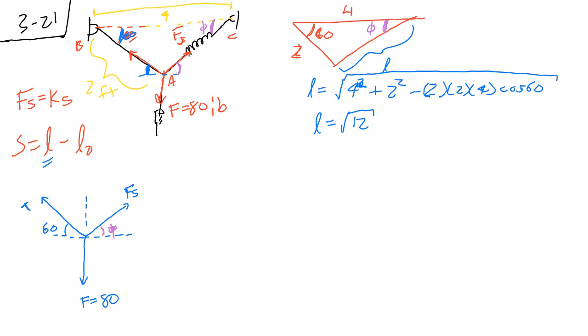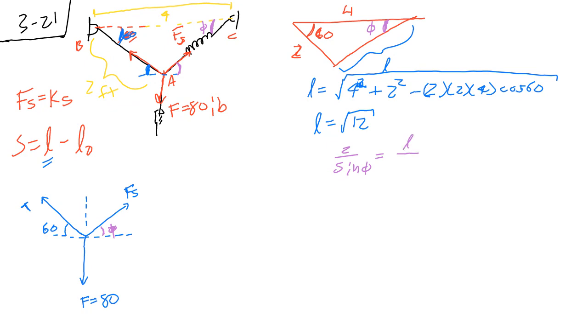Let's see. So using the law of sines, we can say 2 over sine psi equal to, well, any of the other sides. Let's do L.